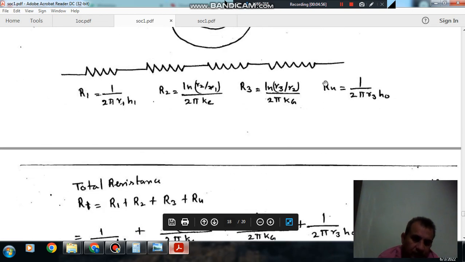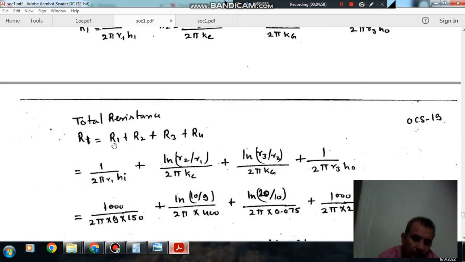As these resistances are in series, the equivalent resistance will be R1 plus R2 plus R3 plus R4.